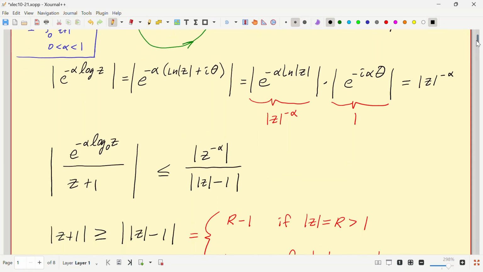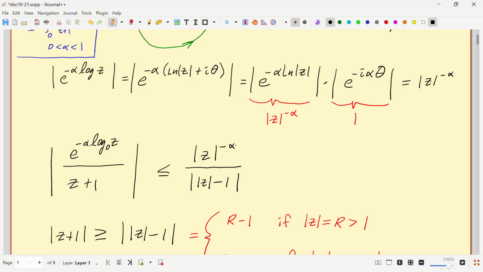Now I want to estimate the thing inside the integral to show that the integral around C sub r and the integral around C sub epsilon go to 0. So the thing on the top we just bound by mod z to the minus alpha. And the thing on the bottom, I have to use the denominator estimate.